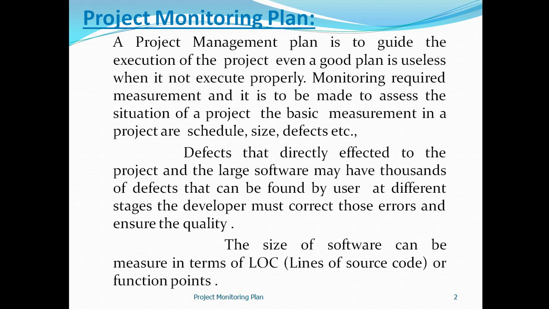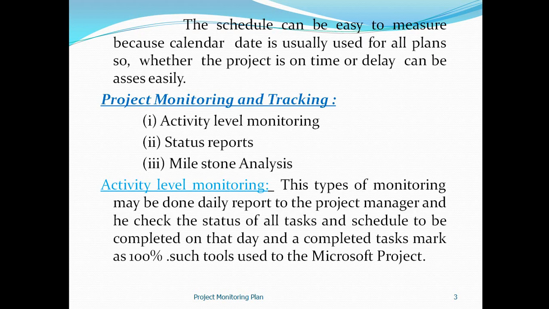The defect is an error. The size can be measured in terms of lines of source code. The schedule can be measured because we are following the calendar date. The project being on time or delayed can be easily assessed by the developer.